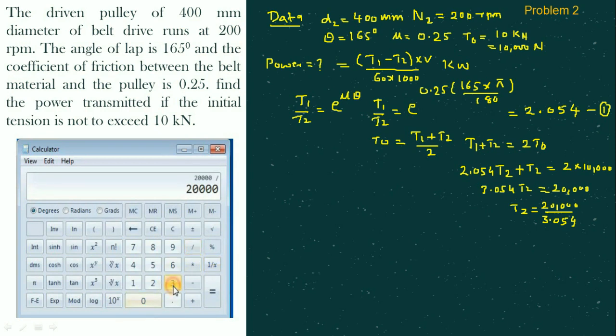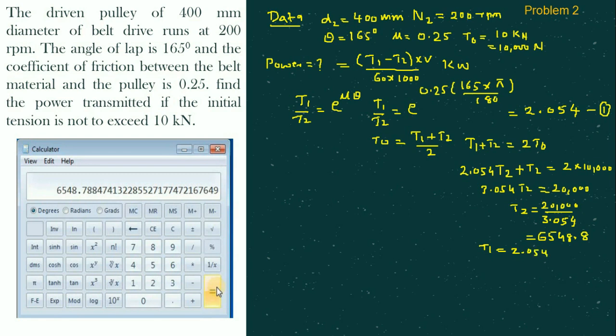20,000 divided by 3.054. So the value comes out to be 6548.8. Okay, so now we got the value of T2 and we can get T1.